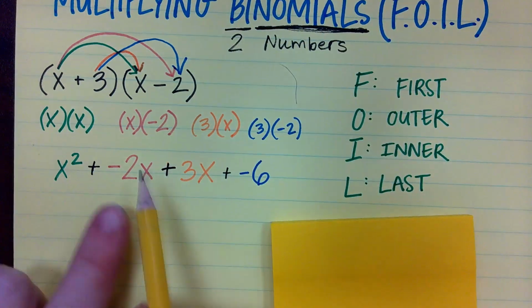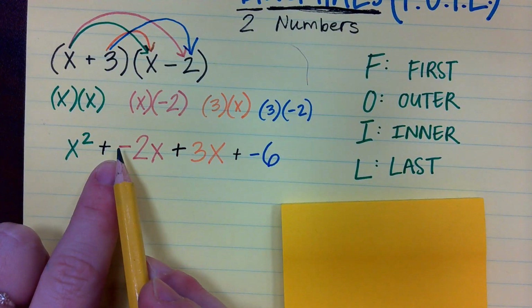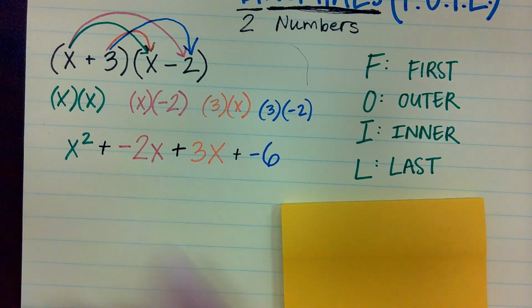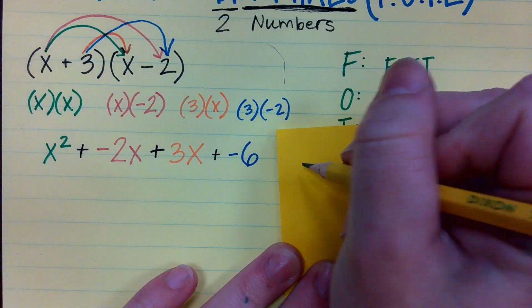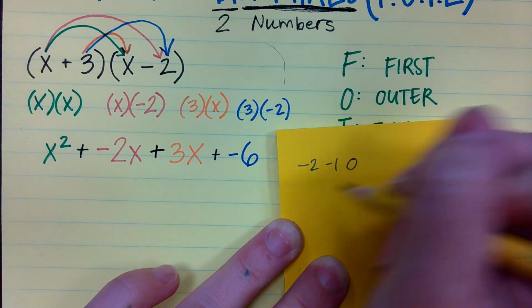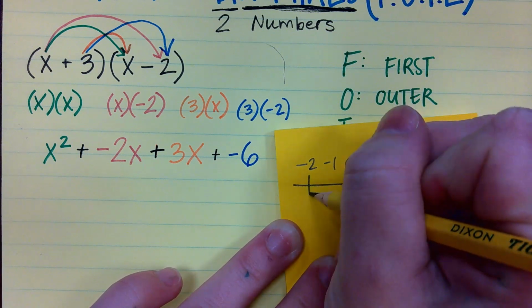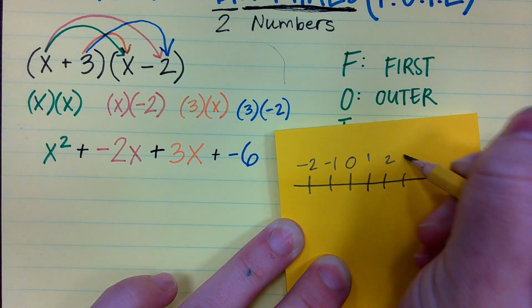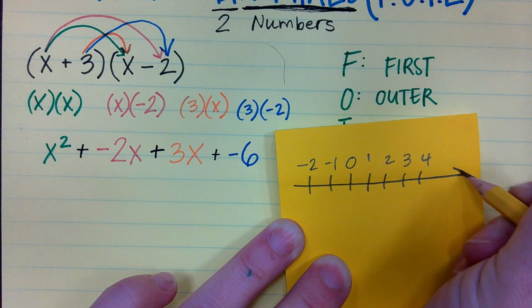Look at my signs here. It's a positive 3. So -2, -1, 0. Here, I'm going to make a line. -2, -1, 0, 1, 2, 3, 4.